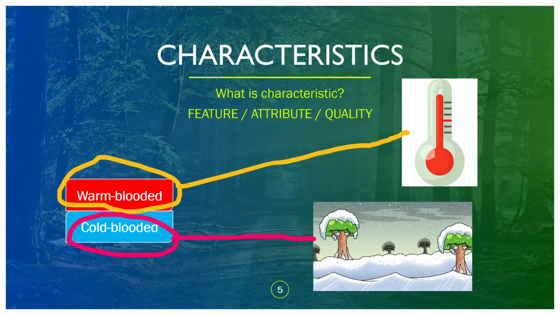So let's say if an animal stays under the hot sun, their body temperature will become hotter.